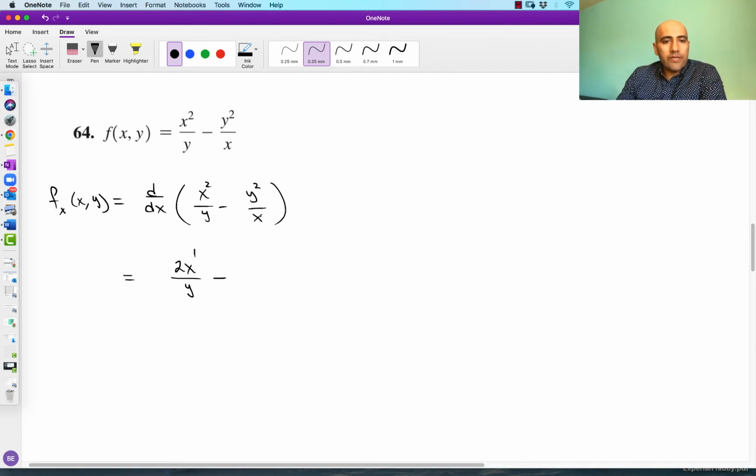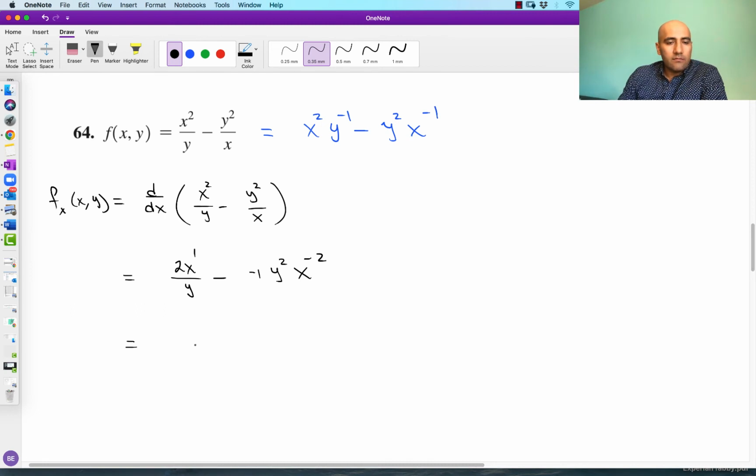This could be rewritten as x squared y to the minus 1 minus y squared x to the minus 1. And so again, if this is just some constant, just leave it alone. Bring down the minus 1 and then subtract 1. So we get our power rule.